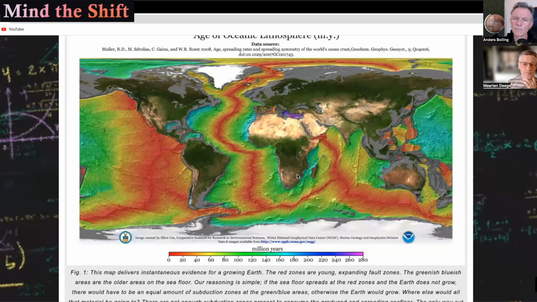As a layman like myself, what you can see is that large chunks of the sea floor, the parts in between continents, are younger than other parts of the Earth, for instance the landmass, and also the parts of the oceans that are closest to the continents.